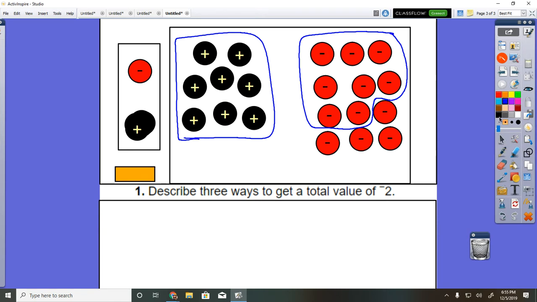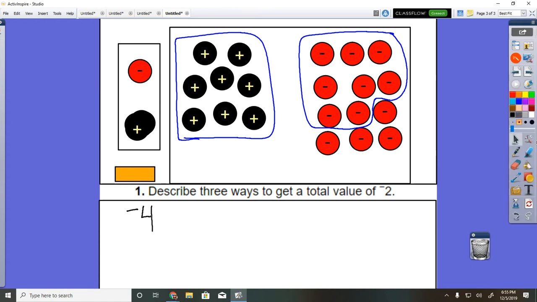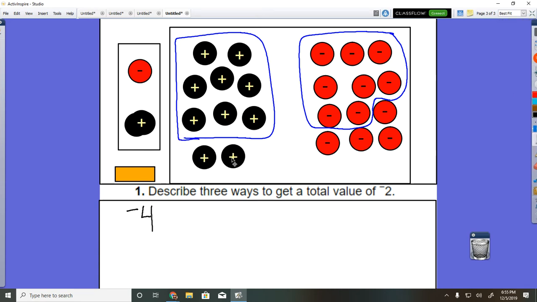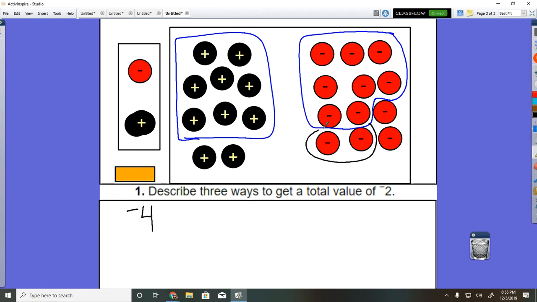The first way that I'm going to describe how to get to a value of -2 is I'm just going to use a number sentence. I'm starting off with -4. If I add 2 positives to my board, those are going to counteract or pair up with those 2 negatives.